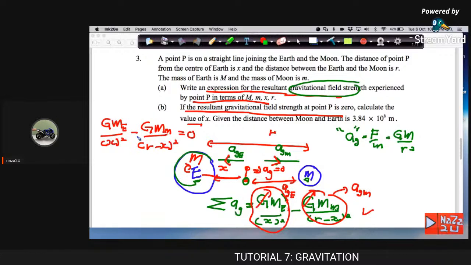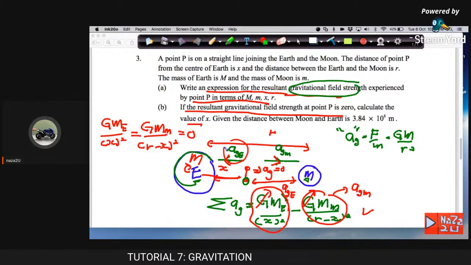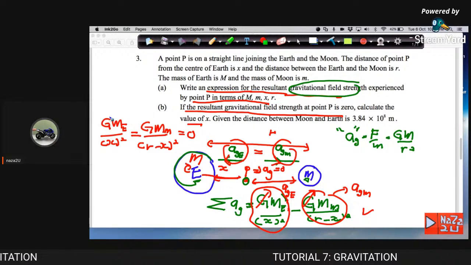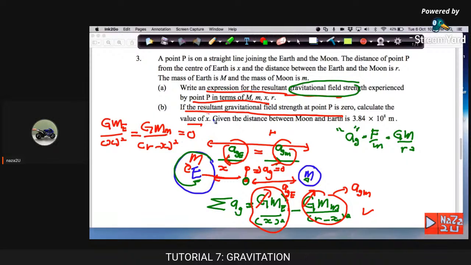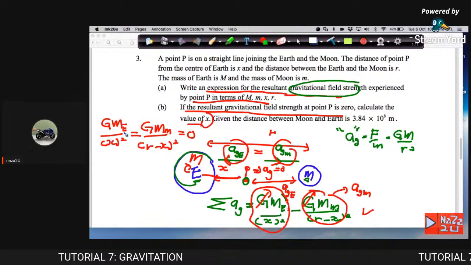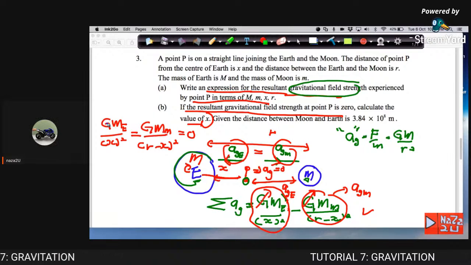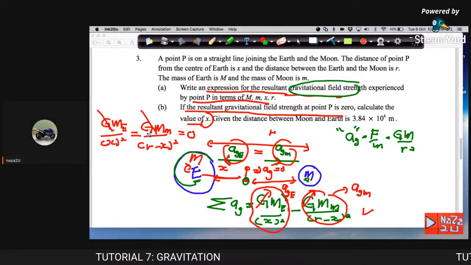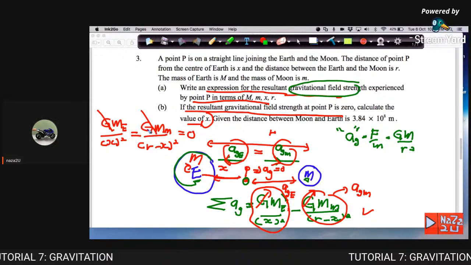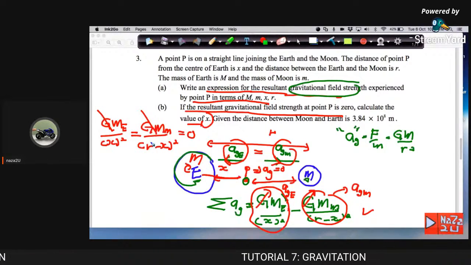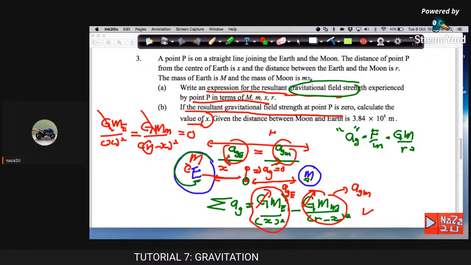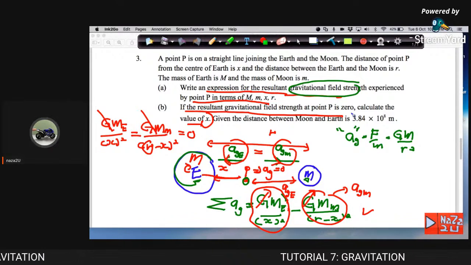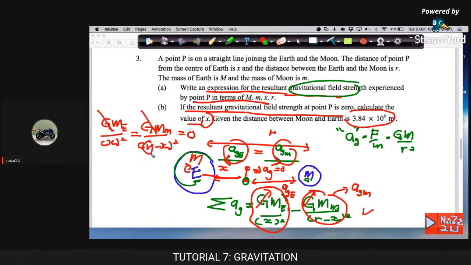Ataupun pada point P ni, dua-dua AGE dengan AGM ni sama. So kita samakan dia. So here we can use, because soalan ni dia nak cari nilai X kan. So we can calculate the value of the X, because we can cancel G, right? So what happened to the R? So what is R? This is the distance between moon and the earth is 384. So kamu gantikan saja kat sini lah.